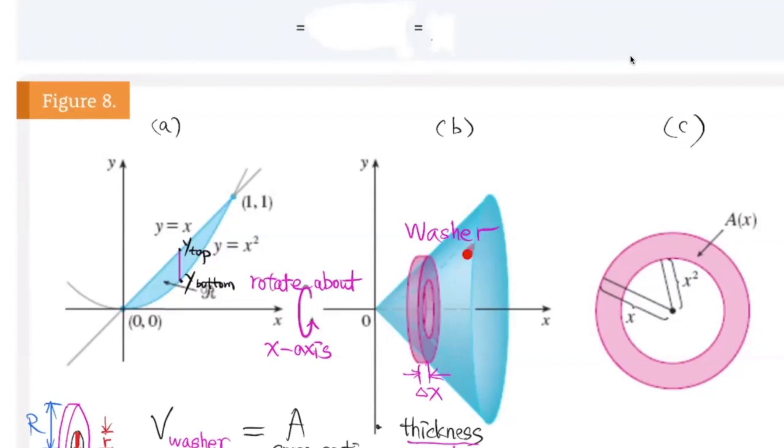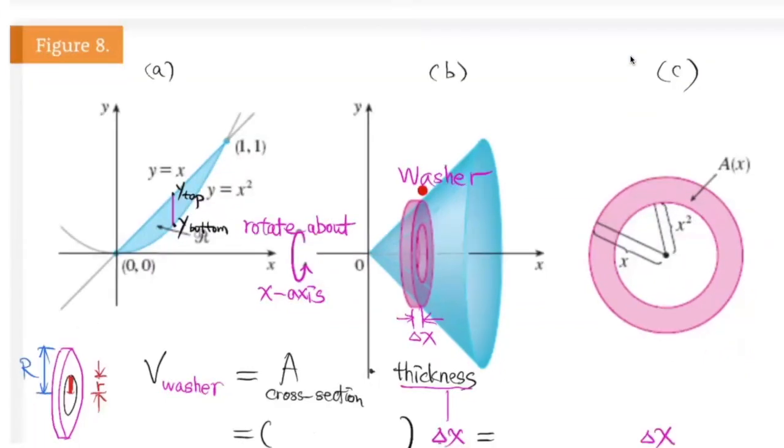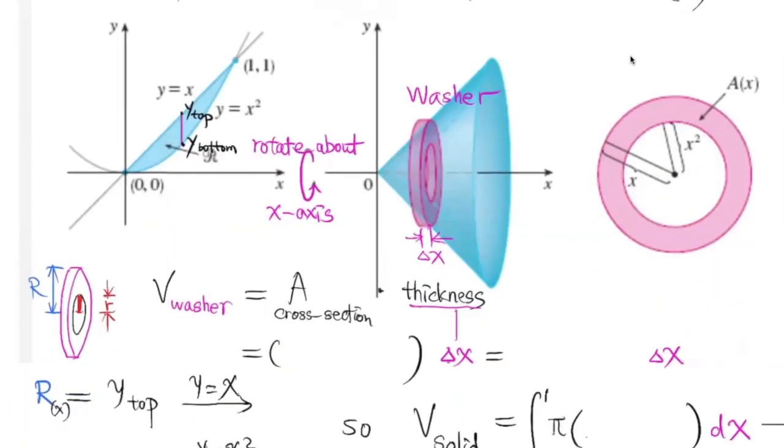Notice the solid here is kind of hollow inside. It's kind of empty inside, like a loudspeaker. So the cross section is like a washer. For a washer, the volume is going to be the cross-sectional area times the thickness.